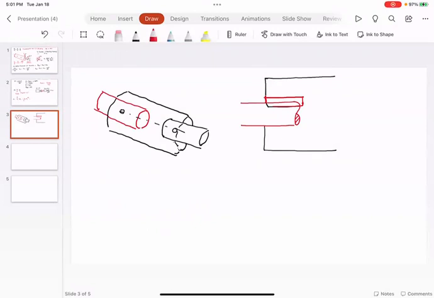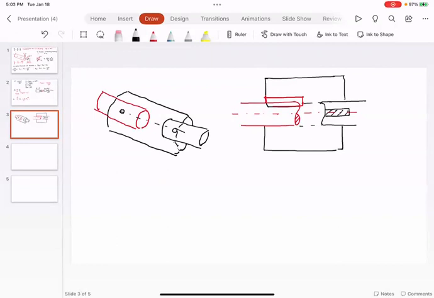On the other side, you have the other shaft. And this other shaft also has a key.